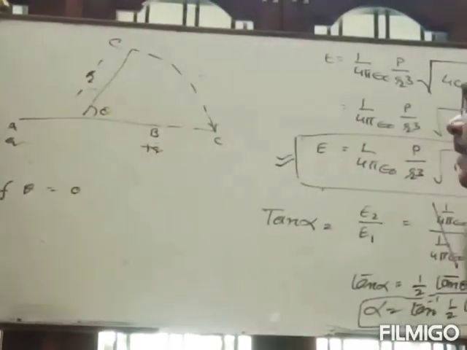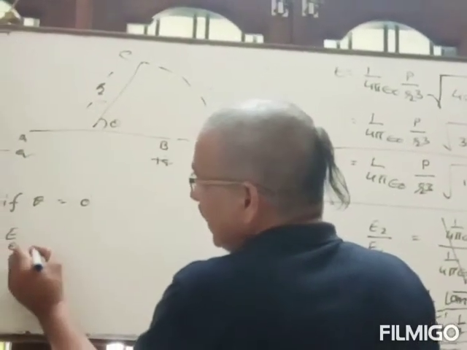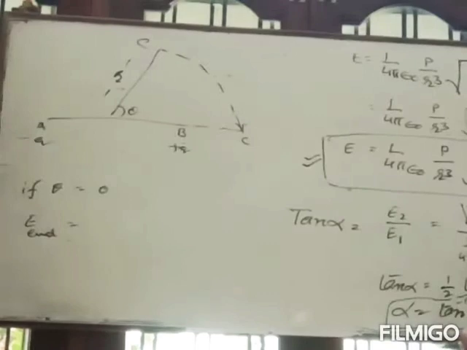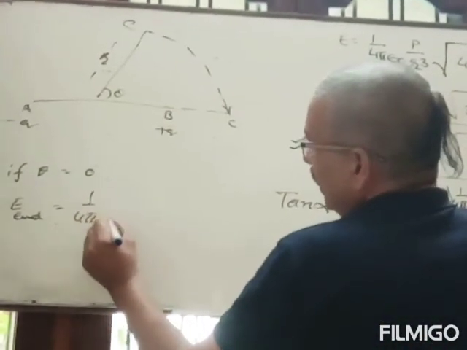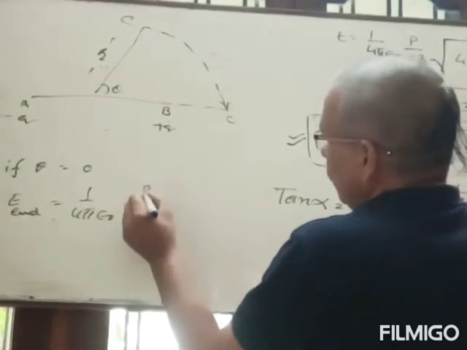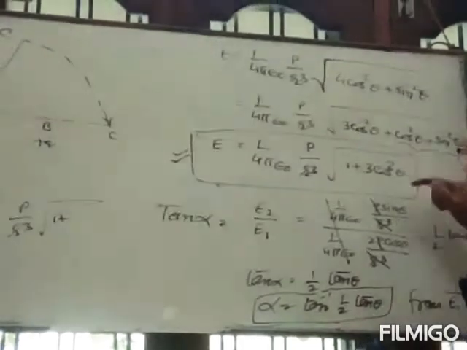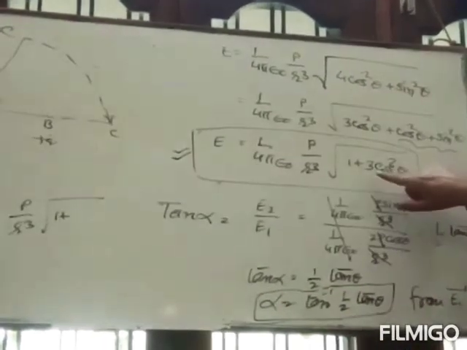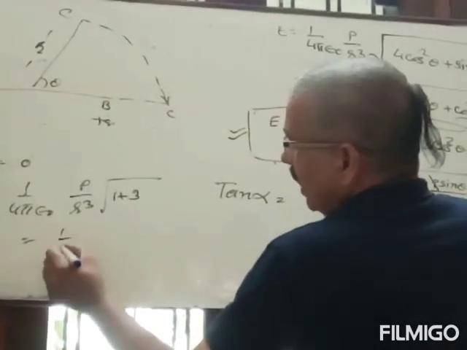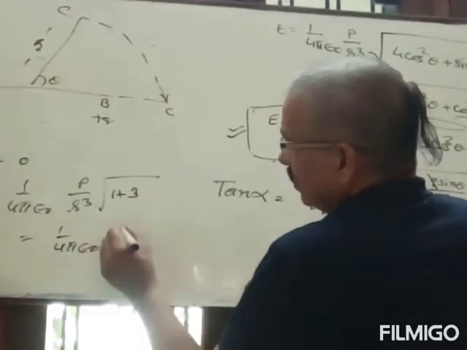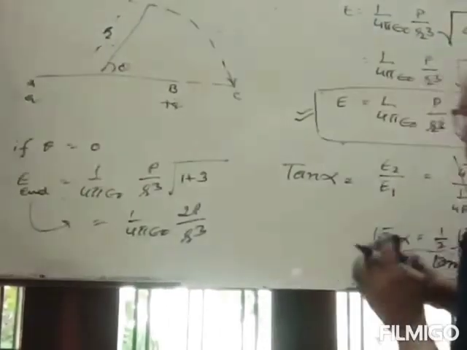It means we are in end-on position. Therefore, E in end-on, here instead of theta write 0. You will get 1 upon 4 pi epsilon 0, P by R cube, under root 1 plus 3 cos square 0, that is 1. So it is 1 plus 3. So you will get 1 by 4 pi epsilon 0, 2P by R cube, which is the result of end-on position.